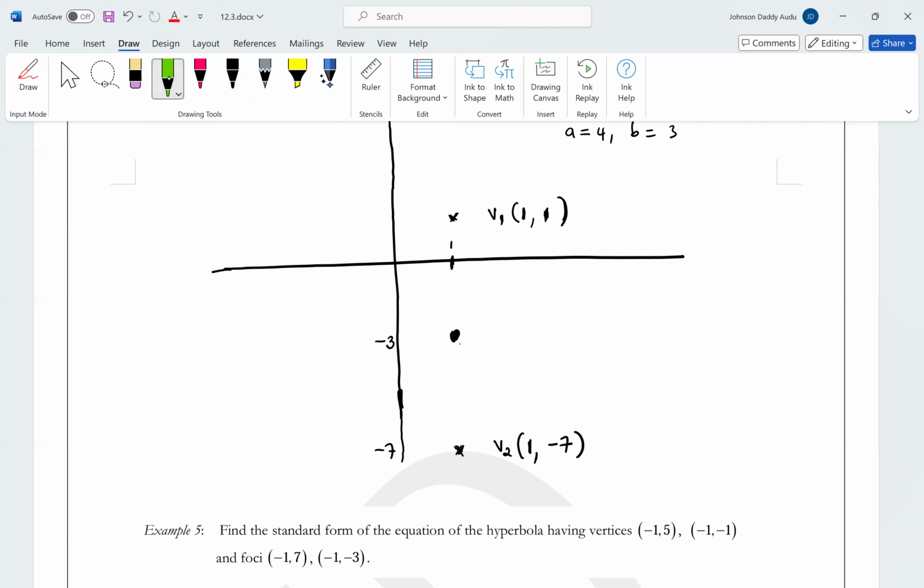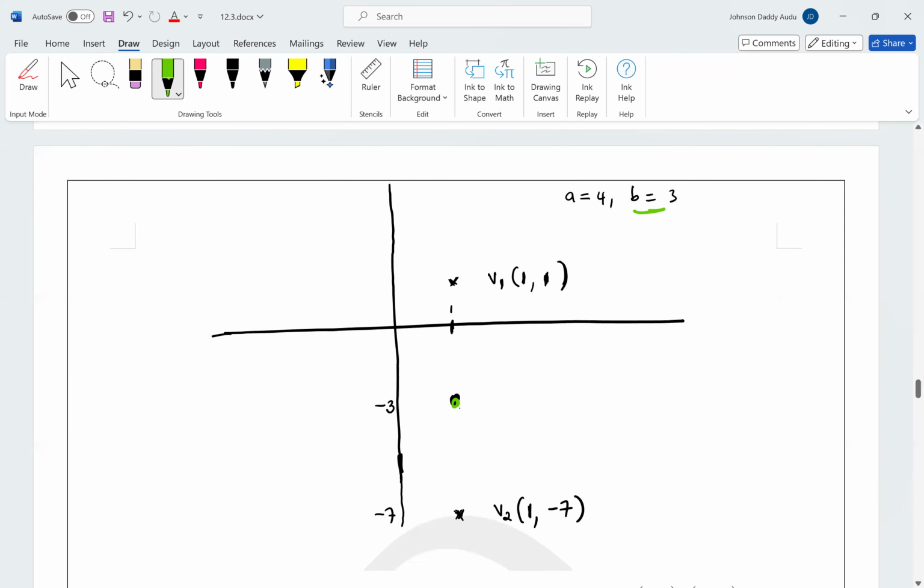Okay. Then now, remember, don't forget that this is our center. So we have to now go horizontal, because our conjugate axis will now be horizontal. So we have to go a distance of what? This is b. From here, I have to go a distance of 4 to the right and a distance of 4 to the left. No, sorry, a distance of 3.